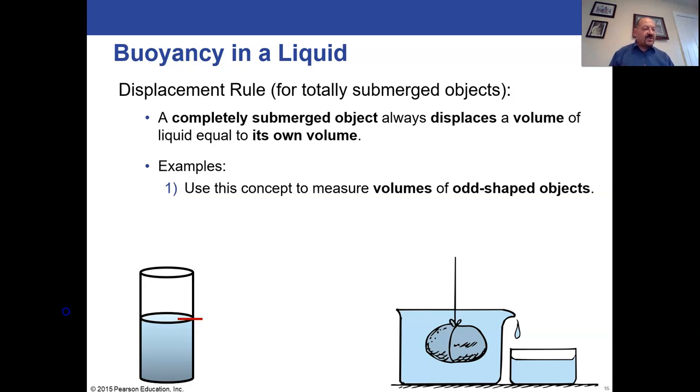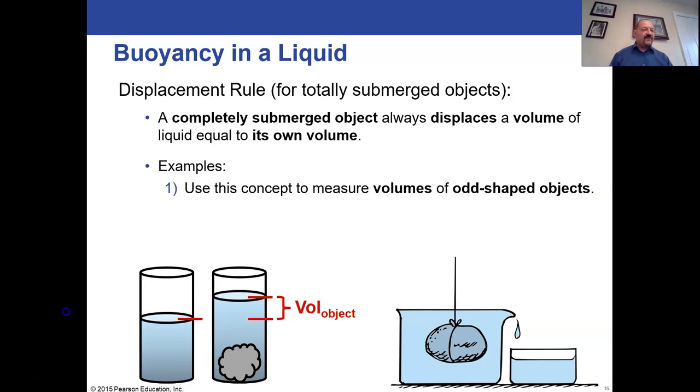You can accurately measure the volume. So we use graduated cylinders in the lab, and you throw in your chunk of whatever, weird metal, rock, whatever can sink, has to sink all the way. So it has to be denser than water to do this. You sink it down there and it'll move the water level up. Well, that change in water level is exactly equal to the volume of that object.